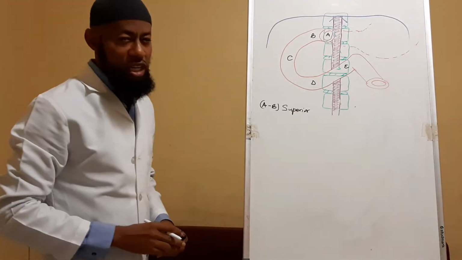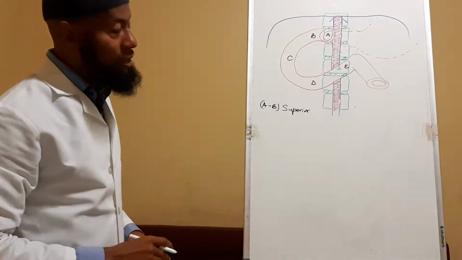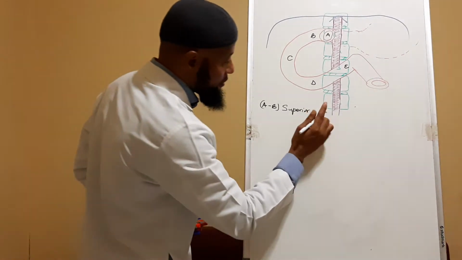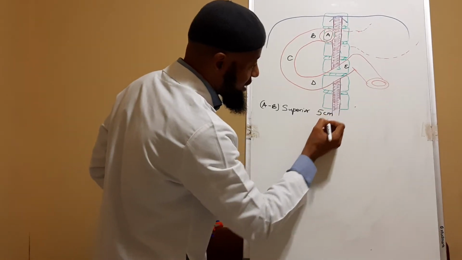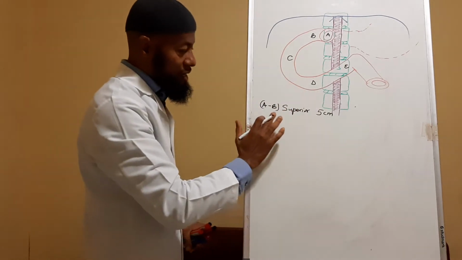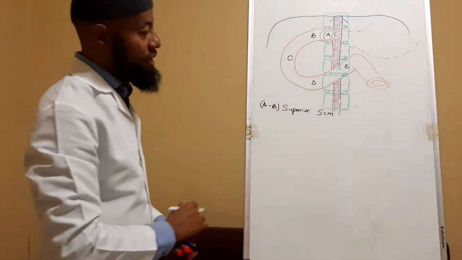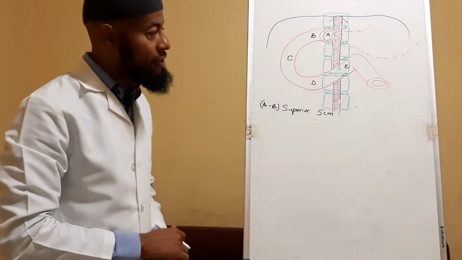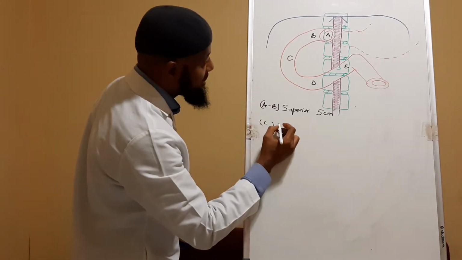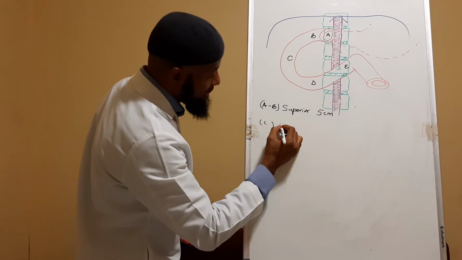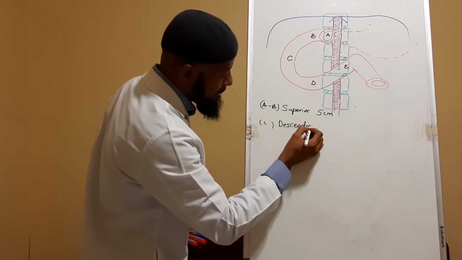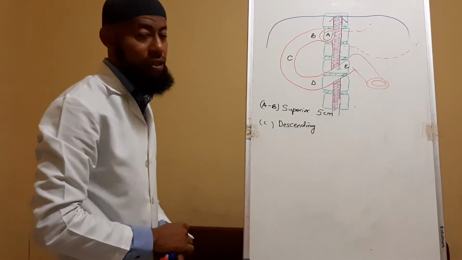Now the superior part of the duodenum is approximately 5 centimeters in length. Now C represents your descending part of the duodenum.